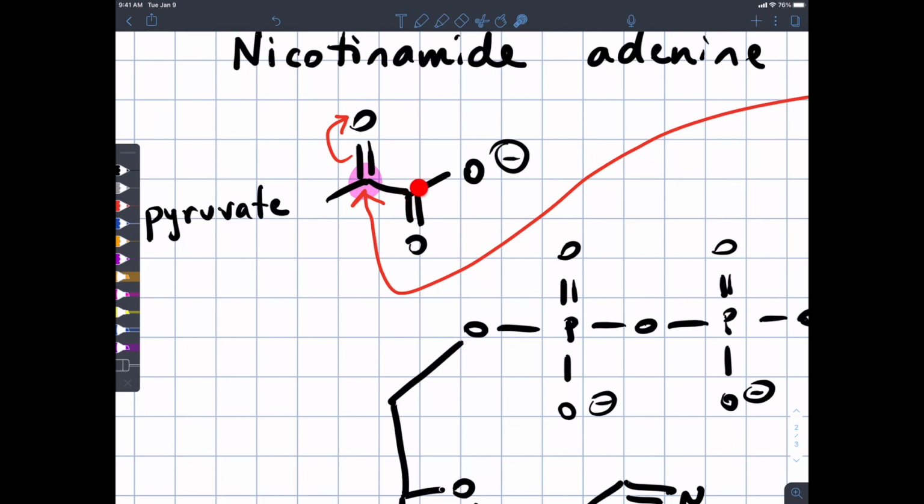There is an anti-bonding pi star here as well, but it's higher in energy because of the presence of this negative charge. The other way of thinking about it is the negatively charged carboxylate repels a nucleophile. So this site is more reactive than that one. This site is electron rich. This is electron poor.